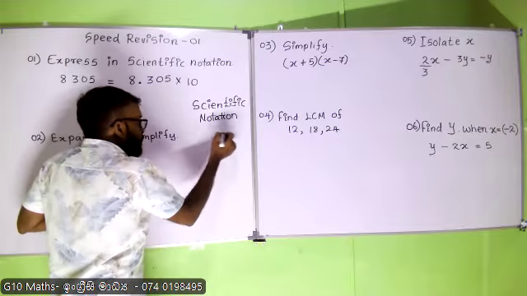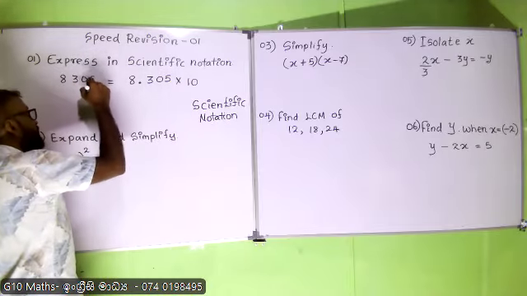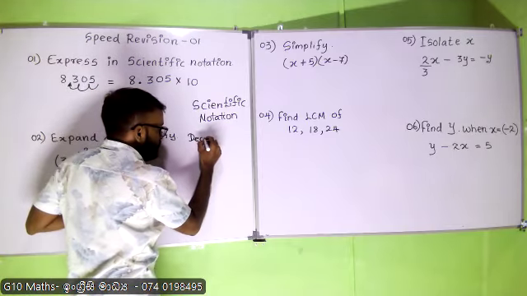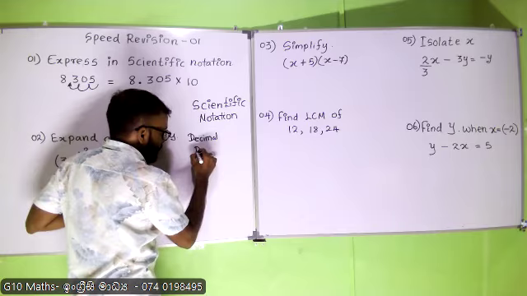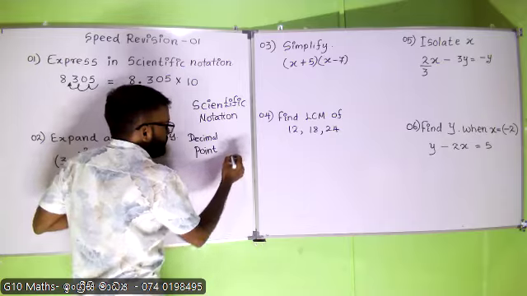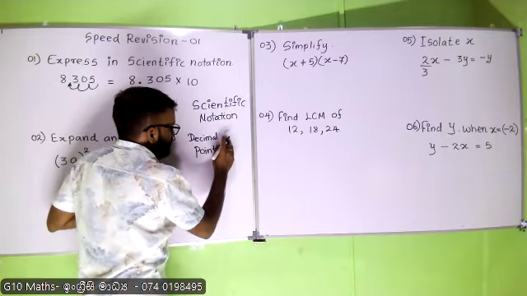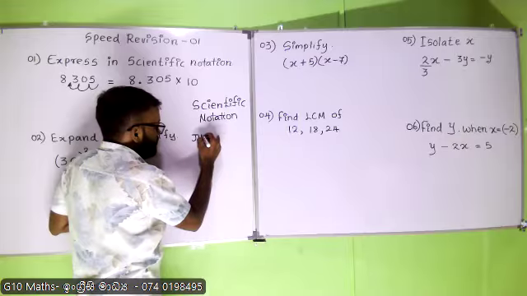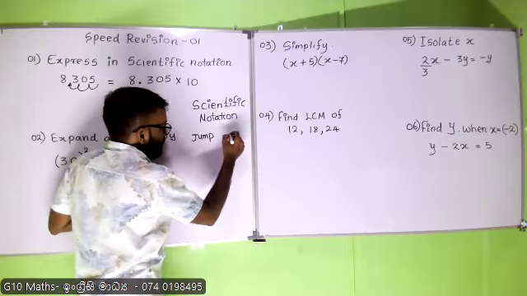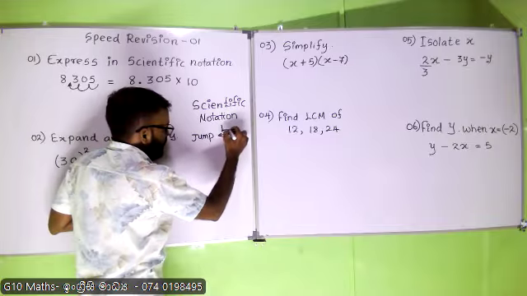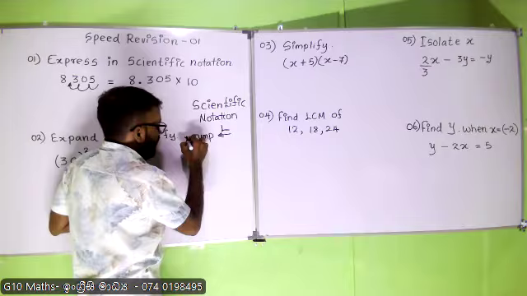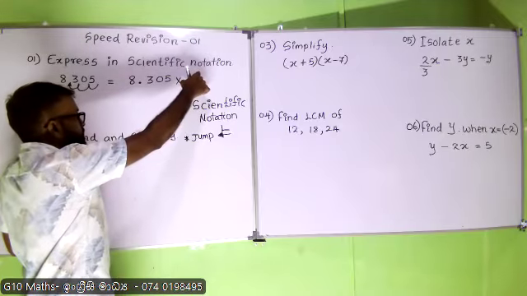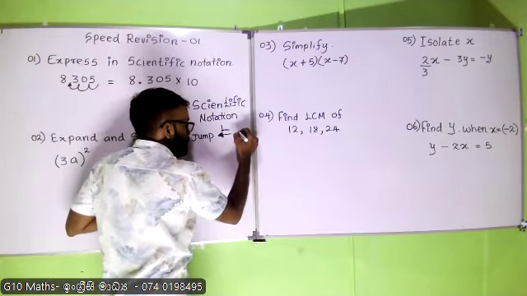If you jump your decimal point to the left hand side, then the power is positive.